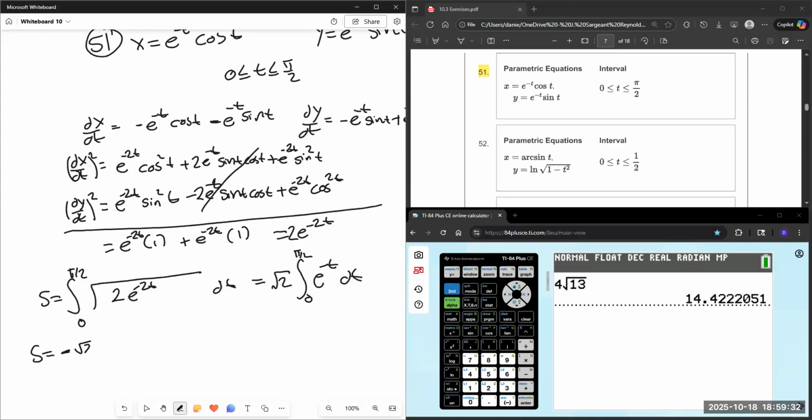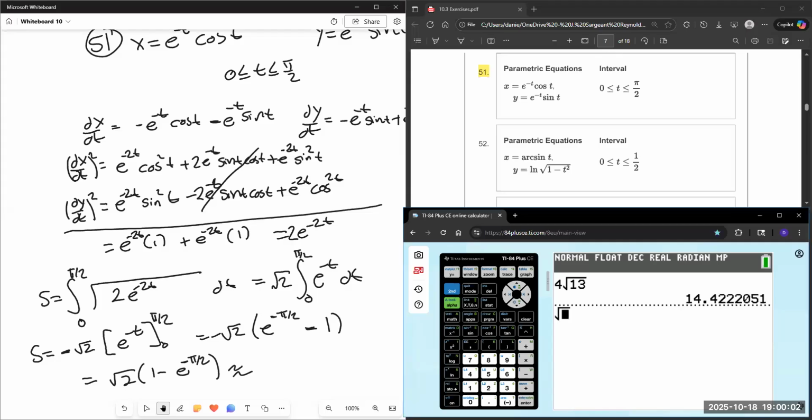S is equal to a negative root 2 times e to the negative t from 0 to pi over 2, is a negative root 2 times e to the negative pi over 2 minus 1, and this is the same as root 2 times 1 minus e to the negative pi over 2, which is approximately 1.12. That is sufficient for the book there.